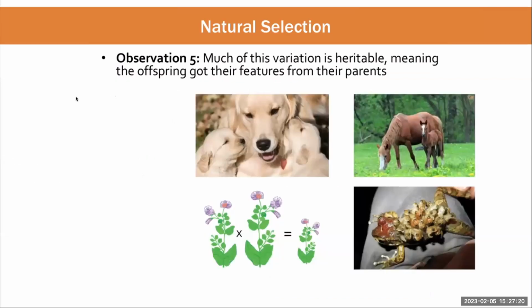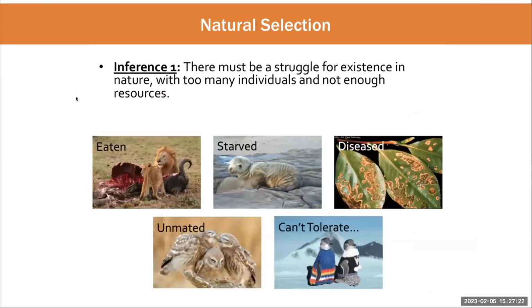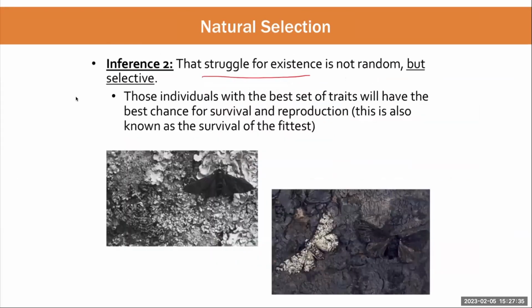In other words, going back to this image here, those individuals that are eaten or that starve or that are diseased or that remain unmated, on average, are not a random subset of the population. They are individuals with certain traits that prevented them from competing for food or avoiding a predator or having resistance to a disease, okay? So by selective here, we mean that those individuals with the best sets of traits for that environment will have the best chance of survival and reproduction.